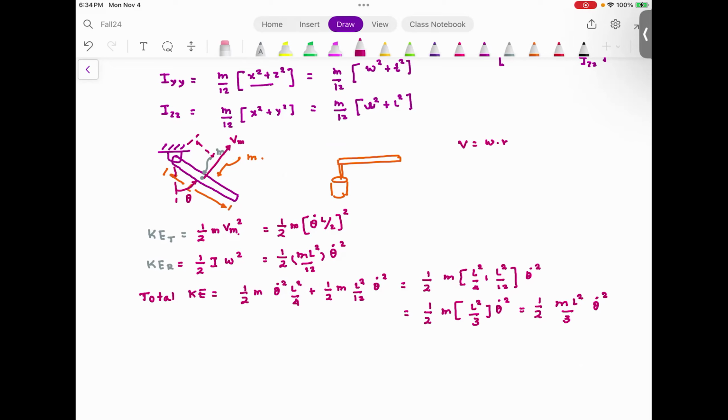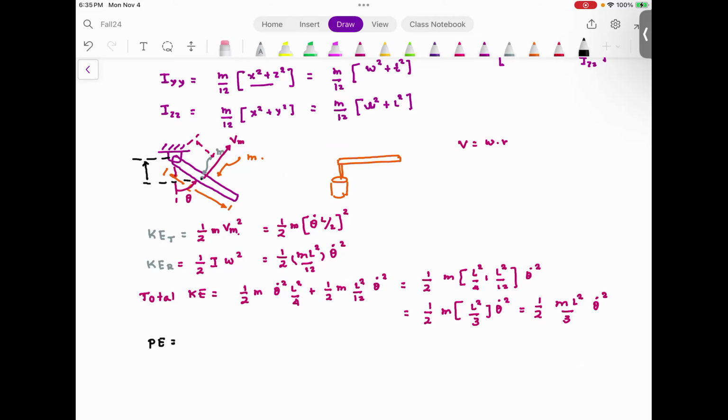Now I found the kinetic energy of rotation. Now I want to find out the potential energy. Whenever I'm solving the potential energy, since this mass is distributed, I'm approximating the distributed mass to be located at this point. So my potential energy is going to be the distance.